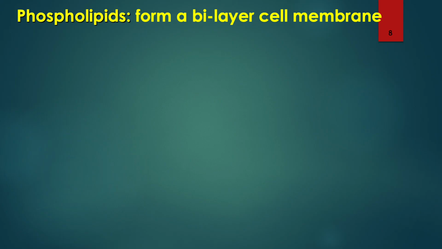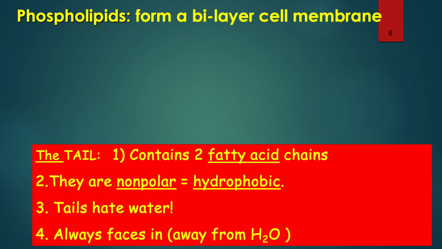Phospholipids make up your cell membrane, that bilayer. The two parts for the phospholipid, the first part is the tail. The tails contain two fatty acid chains. They're nonpolar, meaning they're hydrophobic. They do not like water. Remember, water's polar, so it makes sense that the tails don't like water because they're nonpolar, hydrophobic.